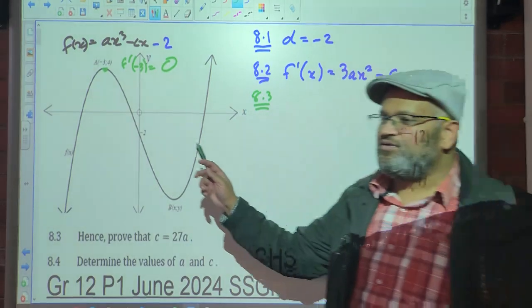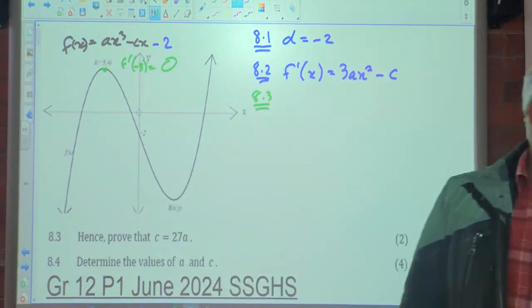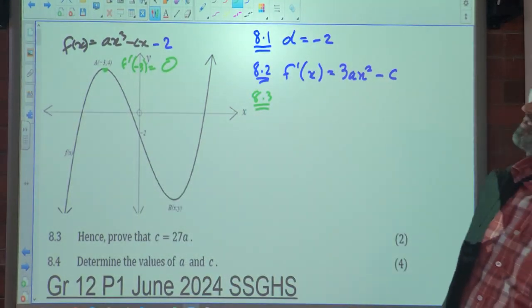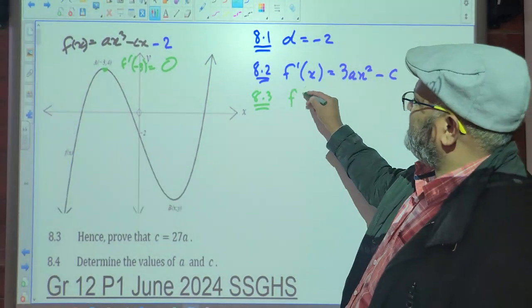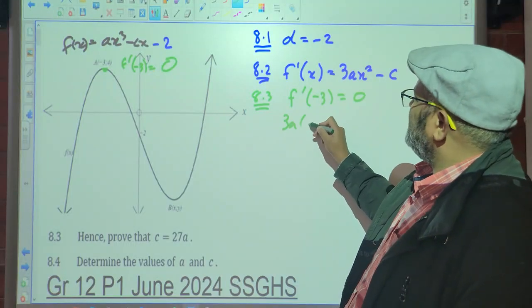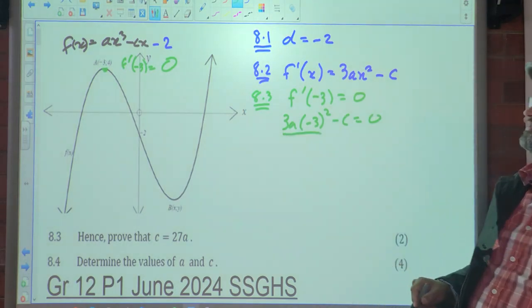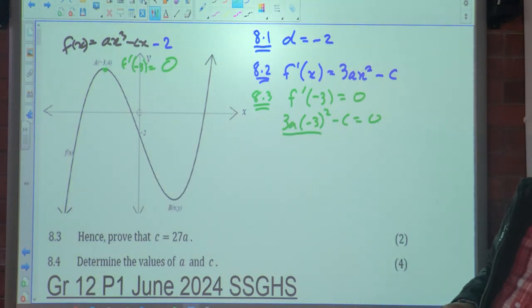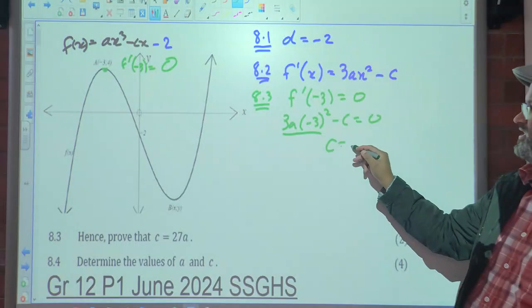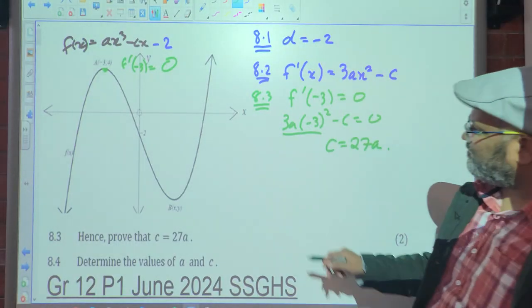Why is it equal to 0? Stationary point, yes. The derivative is 0 at the stationary point. So 3a times negative 3 squared minus c is equal to 0. That is 27a equals c, so c is 27a. There we go.